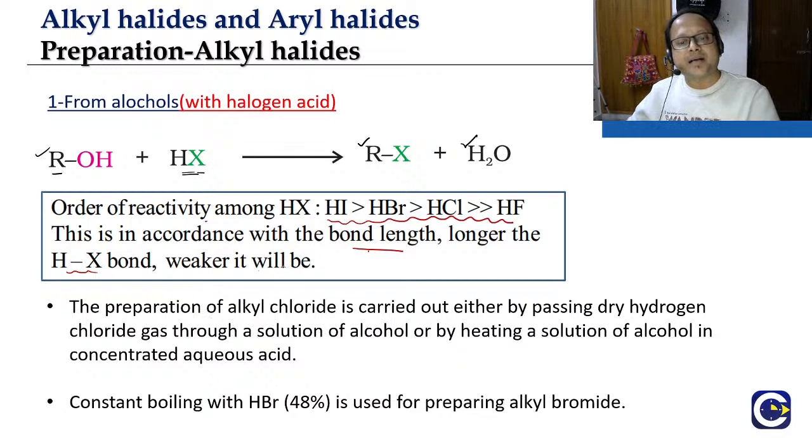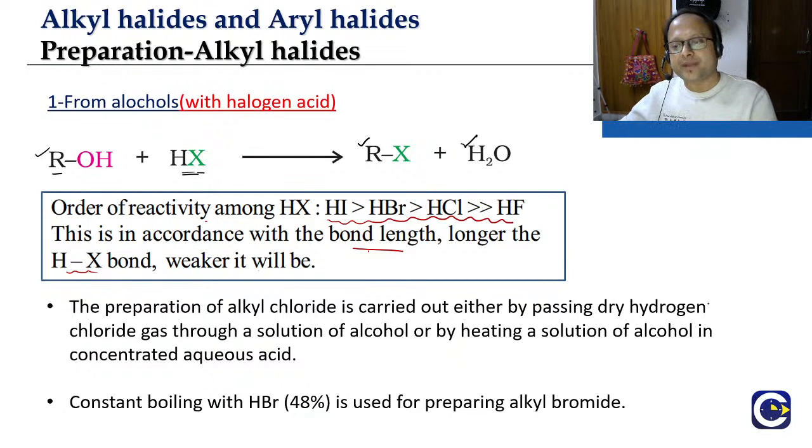We either pass the dry gas, these halogens, dry HCl, dry HBr, through a solution where they can react with the alcohol. Or, in place of taking the gaseous stuff, we can have concentrated acidic solutions and heat them with alcohol.